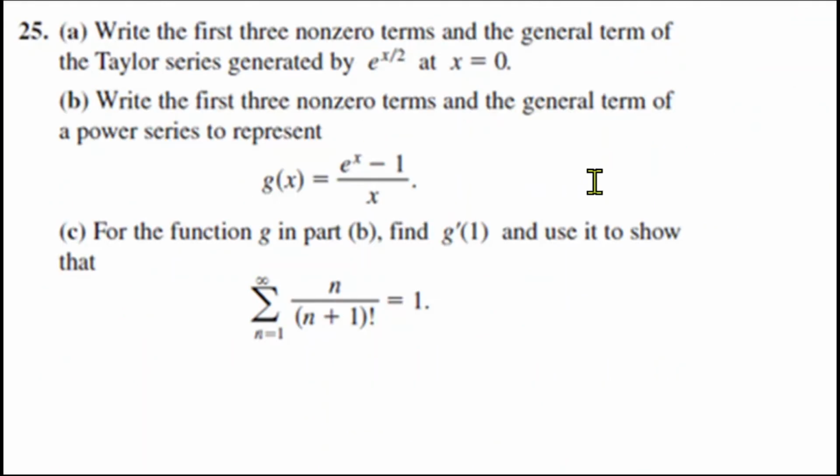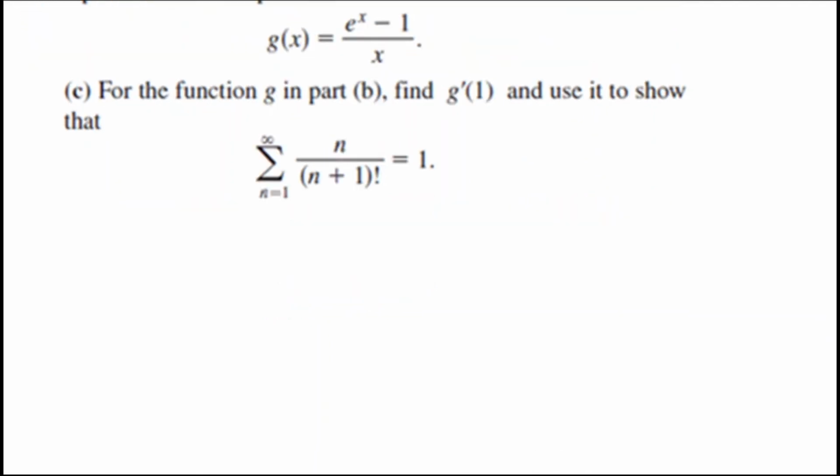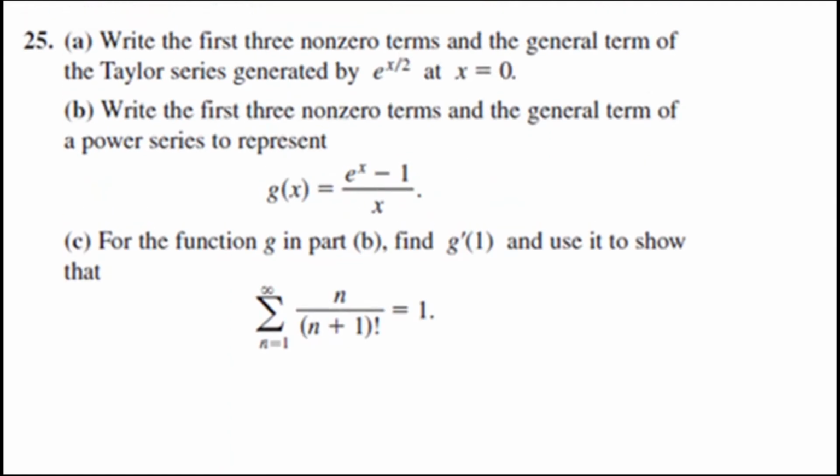25, let's look at 25. Let's remind ourselves what e to the x is, and we are microwaving this, so e to the x. Oh, I need to put on my work glove, 1 sec. Okay, take 2. E to the x, 25.